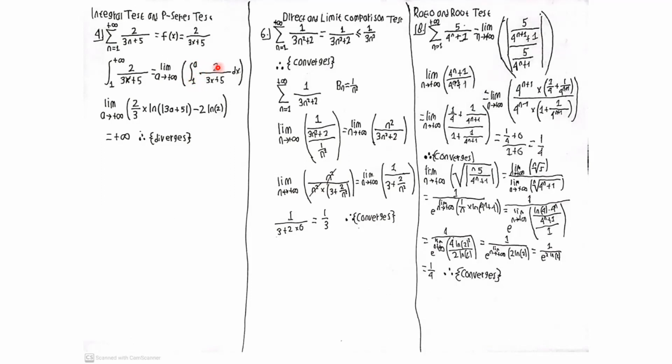And then to evaluate the definite integral, it will be limit a to plus infinity of 2 over 3 times ln of the absolute value of 3a plus 5 minus 2 ln of 2.